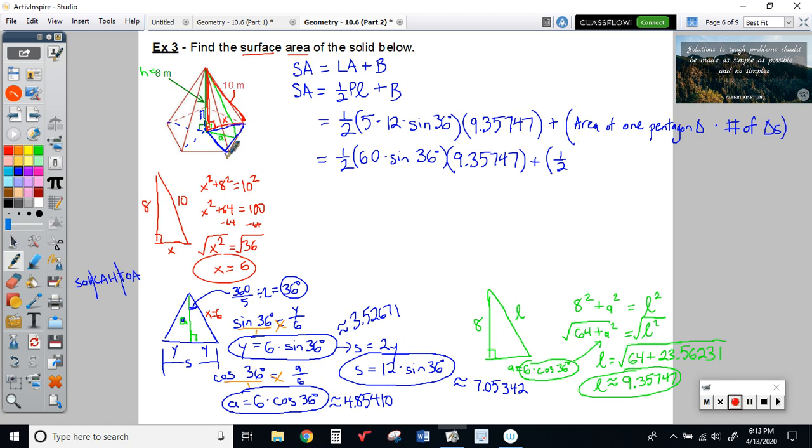So 1/2 base times height would be 1/2 this side length S down here, which I calculated as this, which was approximately this. So 1/2 of base, 7.05342, times the height of the blue triangle, which is the apothem of this pentagon. Apothem of the pentagon is the height of that.